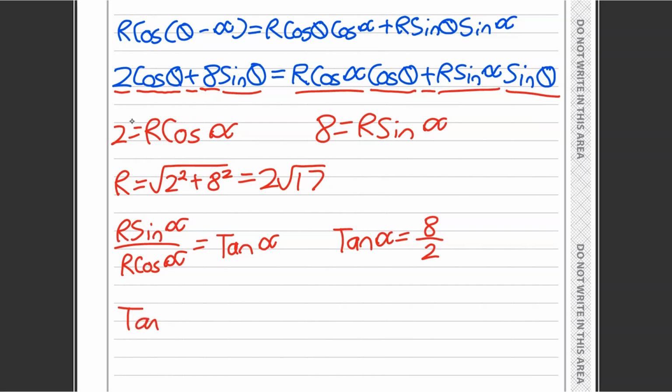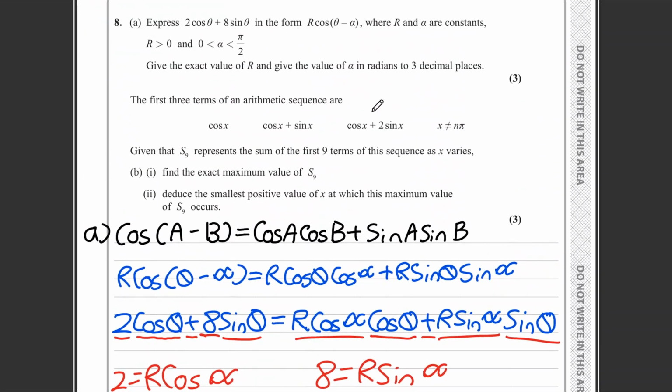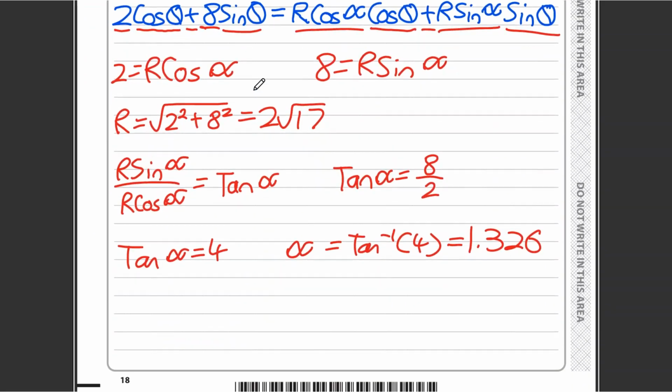Therefore tan alpha is equal to 4, so therefore alpha is equal to the inverse tan of 4, which if you put this into your calculator is equal to 1.326. It says it wants it in radians to 3 decimal places.